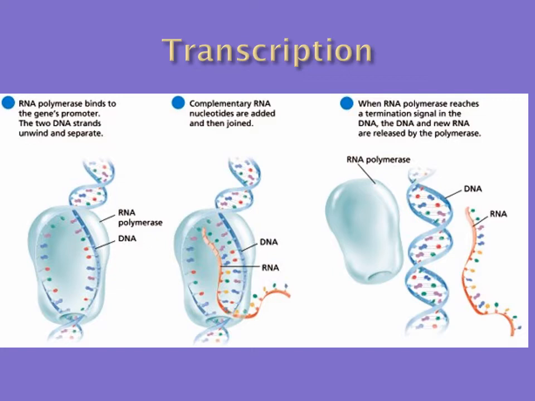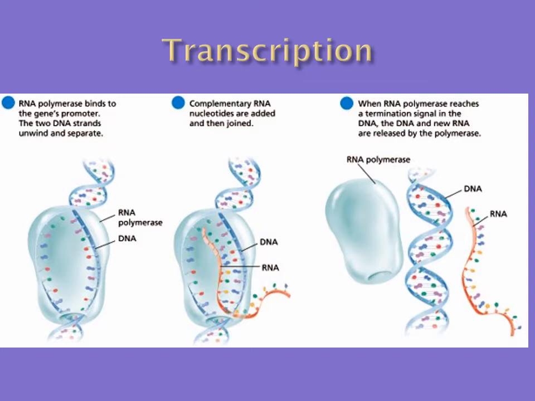Then the RNA polymerase starts to make a copy of one of the sides of the ladder, matching up A and U, and G and C this time. Where there's an A on the DNA, the mRNA copy puts a U there, because in RNA, A and U go together and G and C go together. Remember, there's not going to be a T. There's no thymine being made in that RNA message.